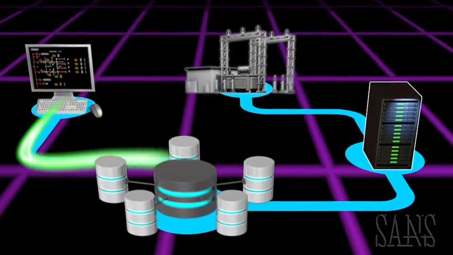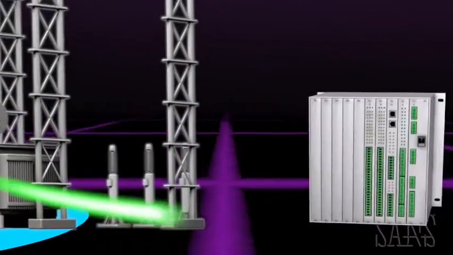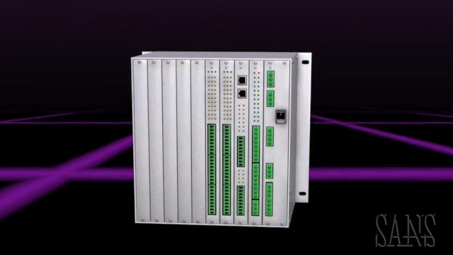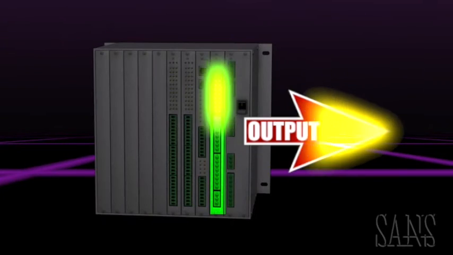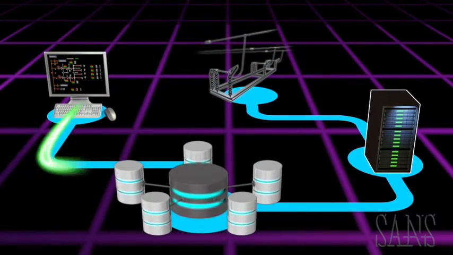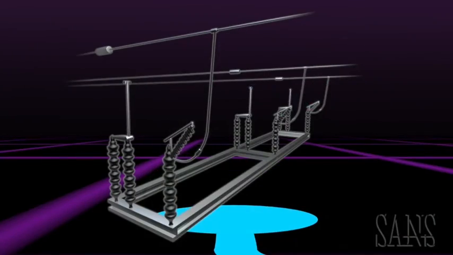When the message is sent from the control center and received at the final destination, it is processed by an RTU or similar device, which will utilize its own local database to map a specific output point on the device. Finally, the operator action will be delivered as a physical output signal to the substation switch.